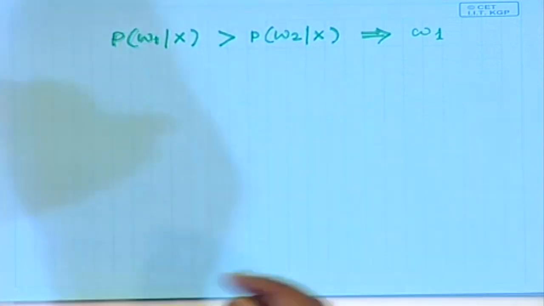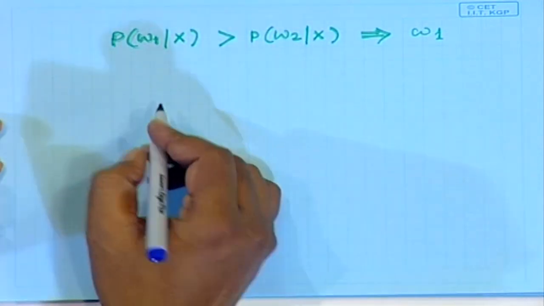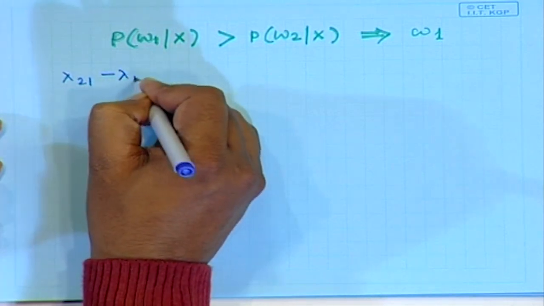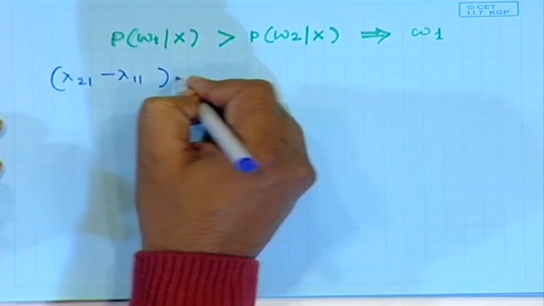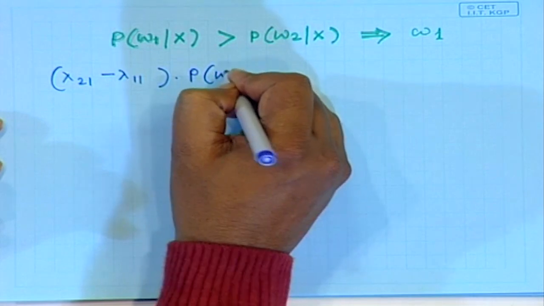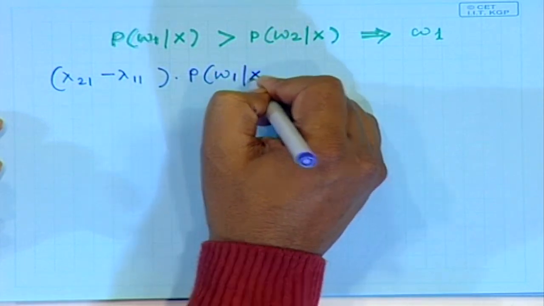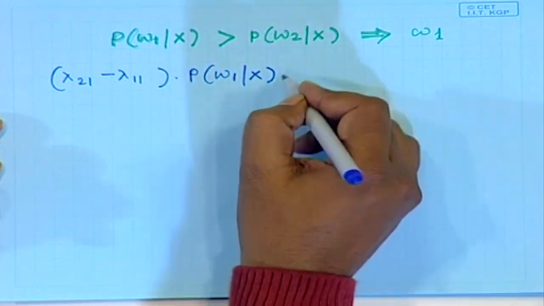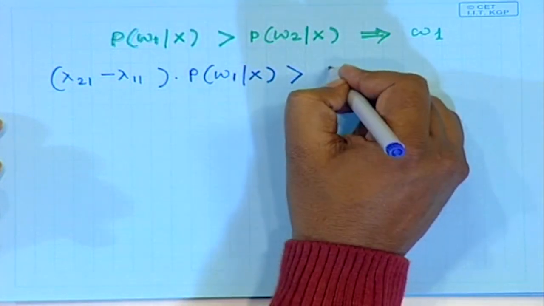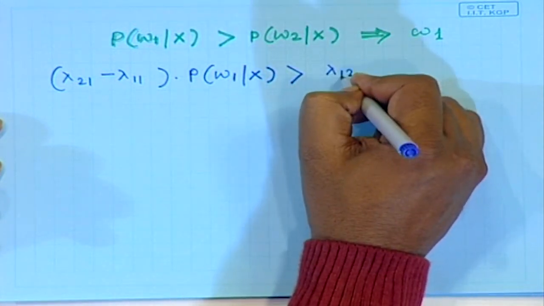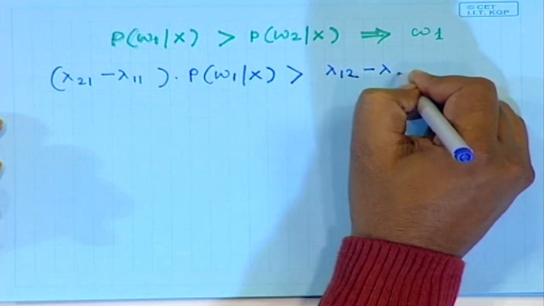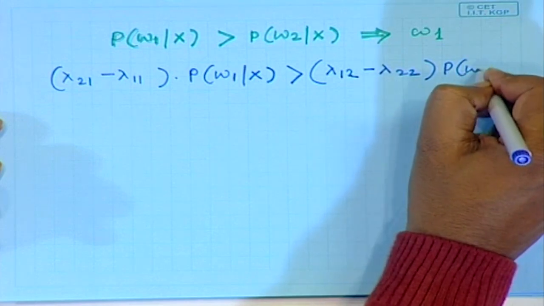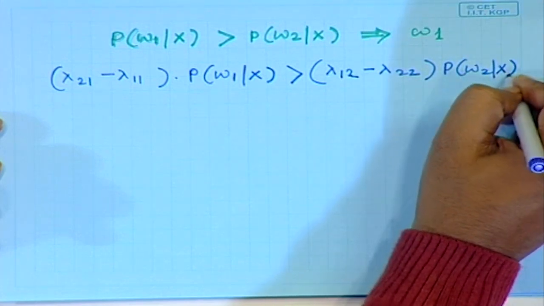Whereas in the minimum risk classifier, this simply becomes lambda 2 1 minus lambda 1 1, which is weighting this a posteriori probability p of omega 1 given x, that is greater than lambda 1 2 minus lambda 2 2 into p of omega 2 given x.